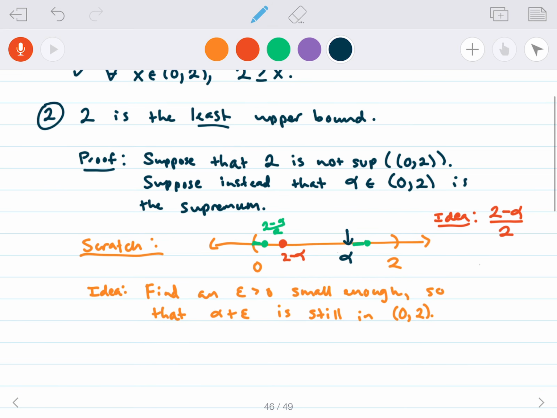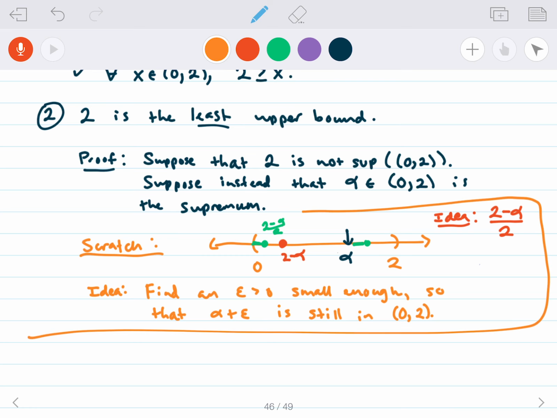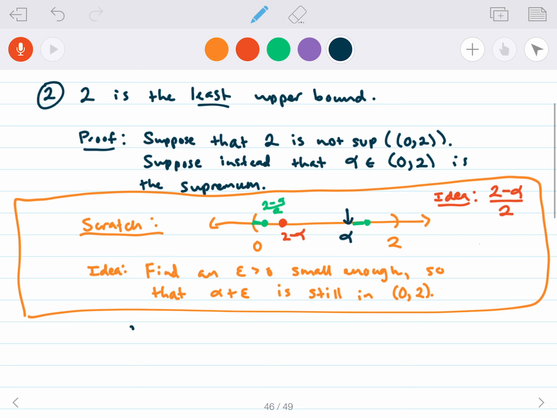Okay, so let's continue our proof in black now that the scratch work is out of the way. Let's just box this up to ignore it for now. Continuing. So choose epsilon equals 2 minus alpha over 2.